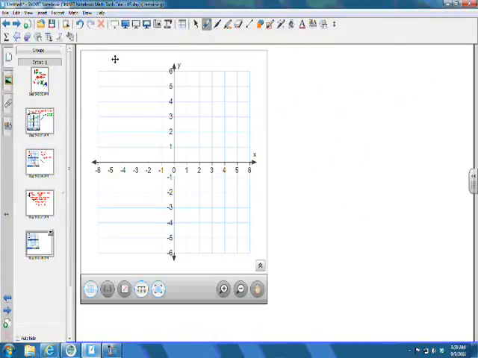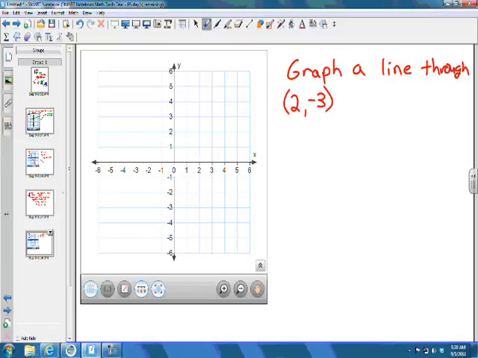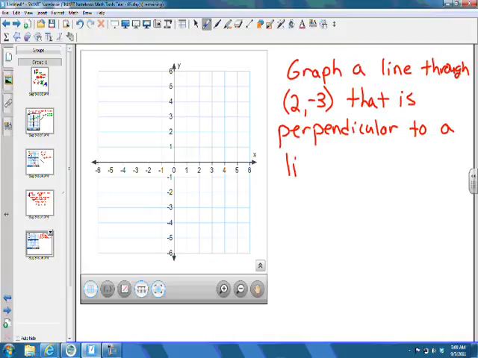So they may want you to graph a line through 2, -3 that is perpendicular to a line with slope m equals 3.